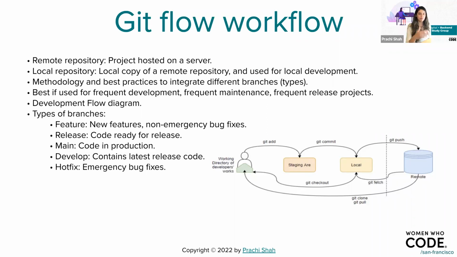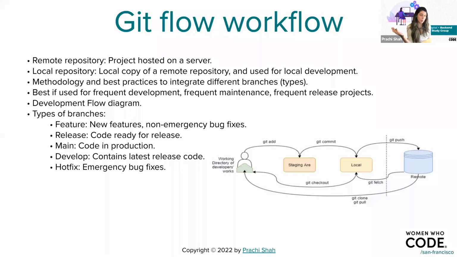Main is just your default good state, or the latest state of your code at a given time. Develop basically contains all the latest release code which you can now work with. It's not main, but release. So your main can be deployed to a different production system. Your release is just something off of main, which is deployed on a different production system.